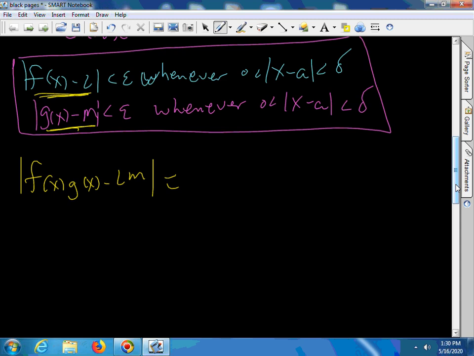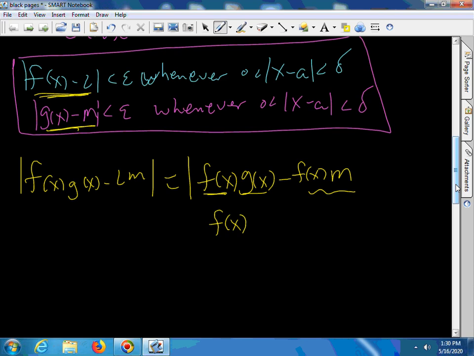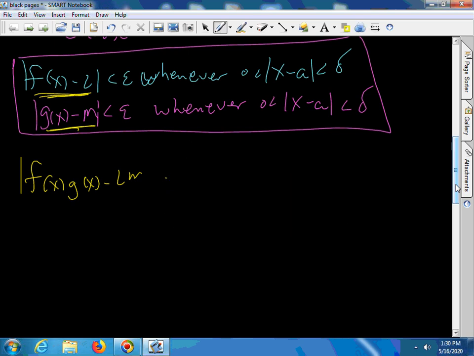So that means I have to add 0 to it somehow, because I want to add something and then subtract it, or possibly subtract and then add. For example, if I'm going to factor out f of x, then I want it to be minus M, so that when I factor it, I'll have f of x times g of x minus M, something that I want. Okay, but I'm losing space, so let's write that a little bit smaller.